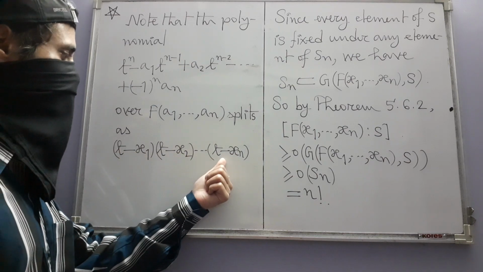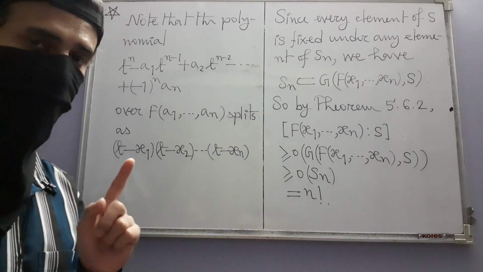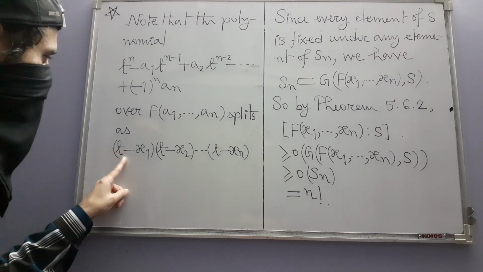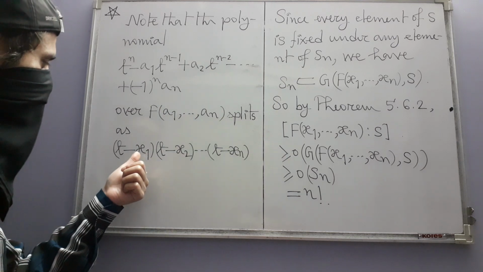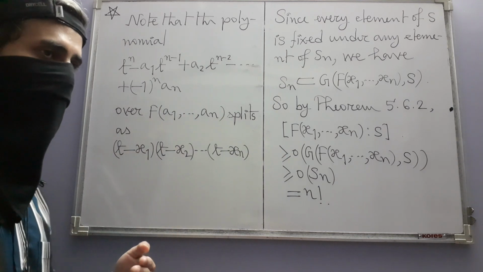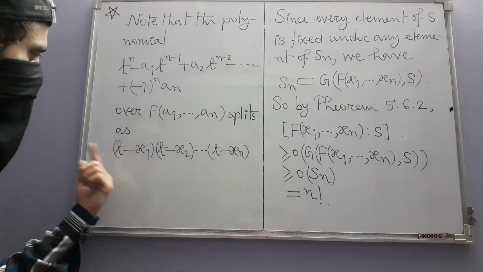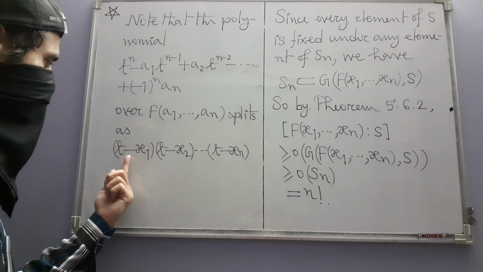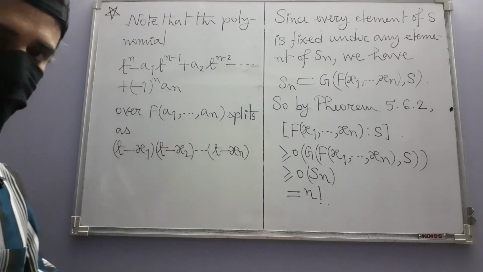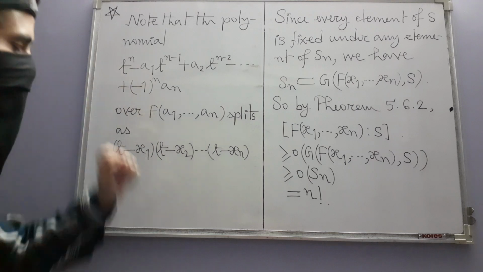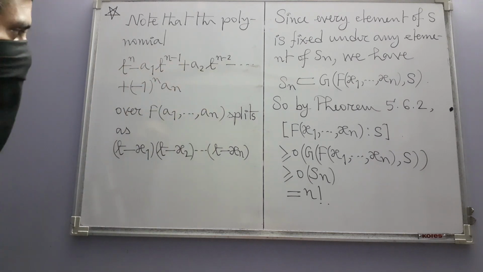For example, you are going to get t to the power n from this product, and then for the terms where you have t to the power n minus 1, you get the coefficients which are minus x1, minus x2, minus x3 and so on. So you collect all those terms, you are going to get minus of x1 plus x2 plus x3 up to xn, and that is just a1, minus a1. Like that you will get a2 and so on.